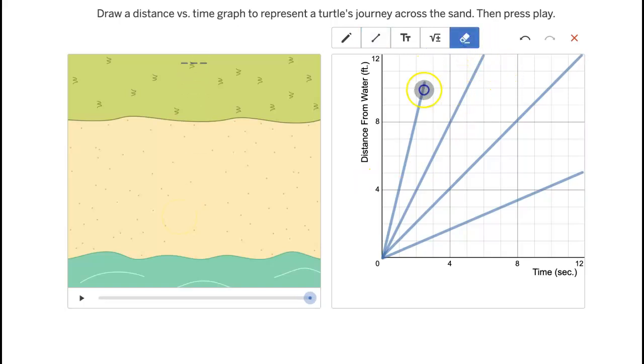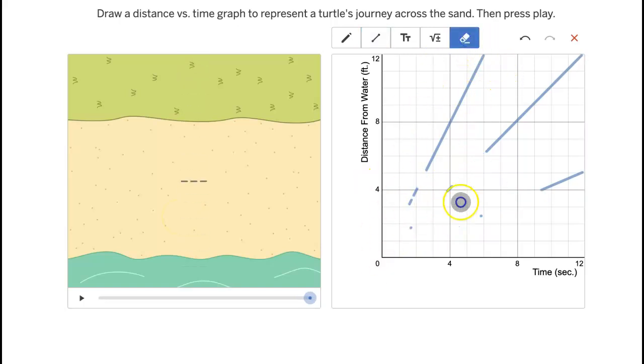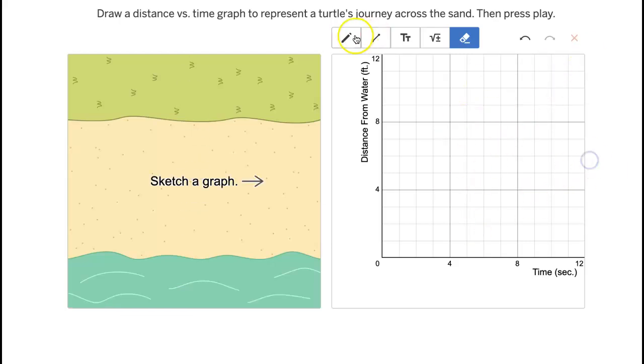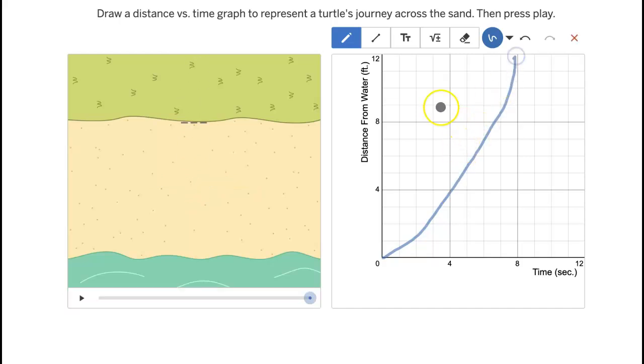Correct. Okay, now let's remove them all. We discussed the first two graphs. Now the third and fourth. So the third graph, we have it like this. Let's see how the turtle behaves. Faster than before. Yeah, its speed is increasing, no?